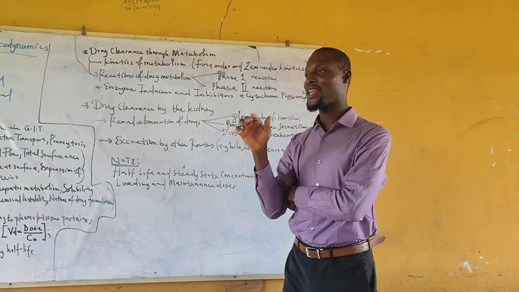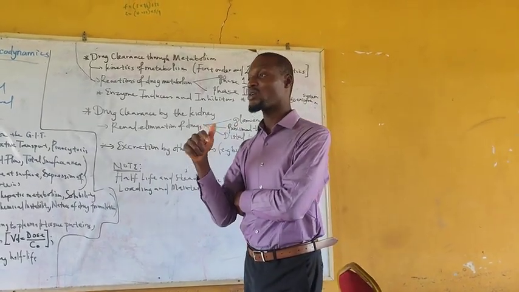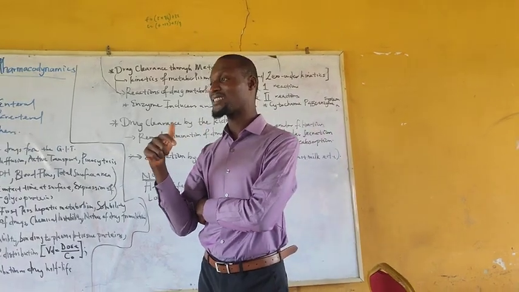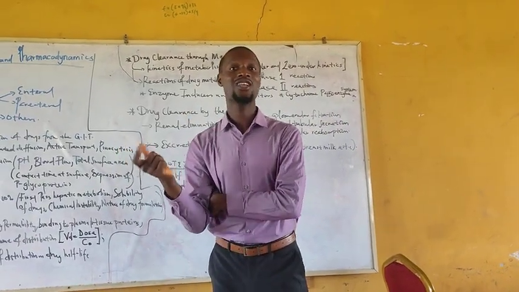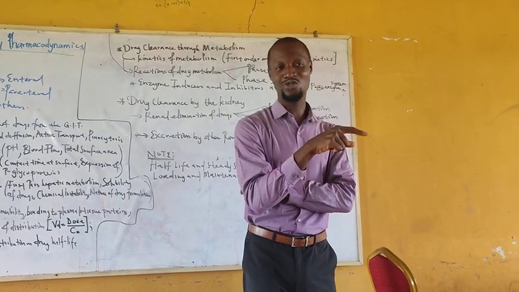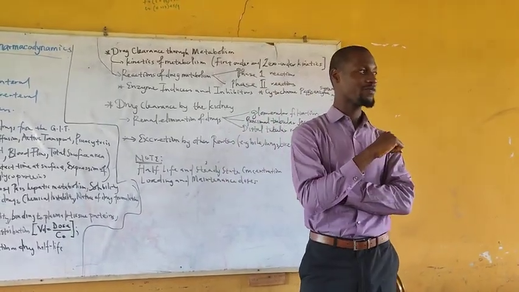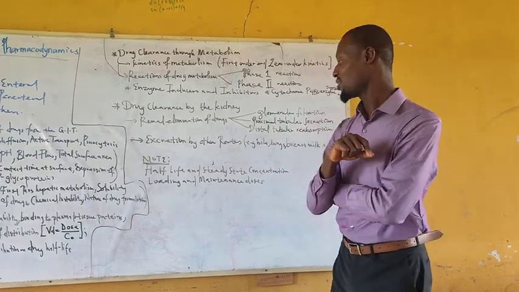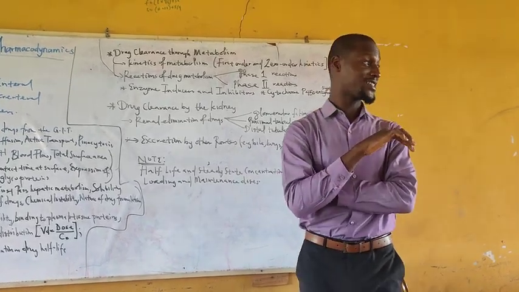So in first order kinetics, it means that the quantity of drug that is eliminated is actually dependent on the quantity of drug, on the dose of the drug you give. I'll work something out on this to possibly show first order kinetics for you.